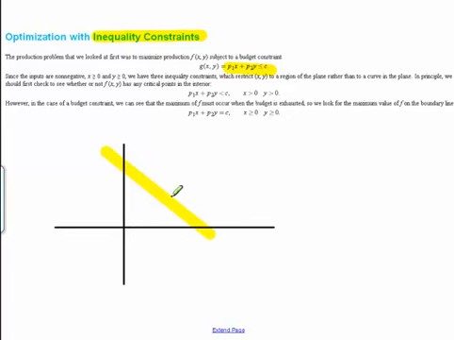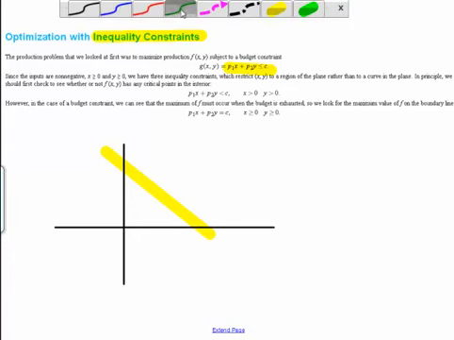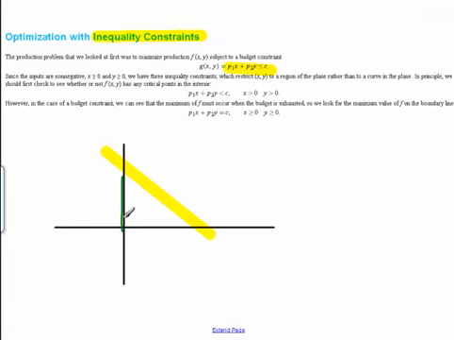What this optimization problem is really saying is that x had to be greater than or equal to 0, and y had to be greater than 0, because x and y were how much of each product I was using. So we need to use more than 0 to create something. And then we had our cost line, which was that P1x plus P2y needed to be less than or equal to C, so we had this line here.